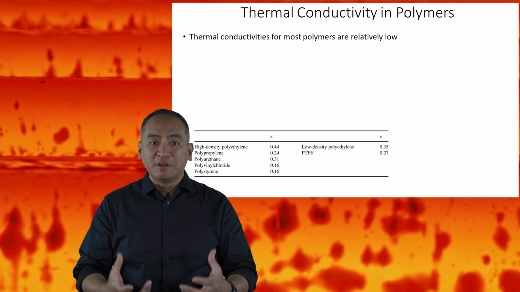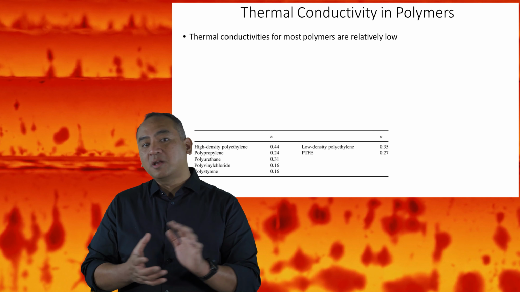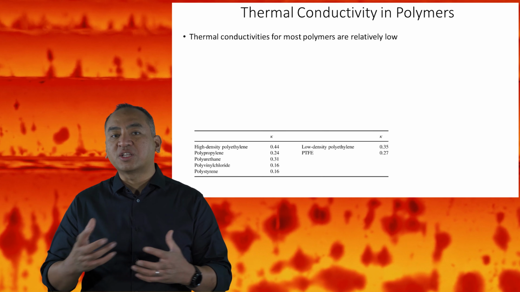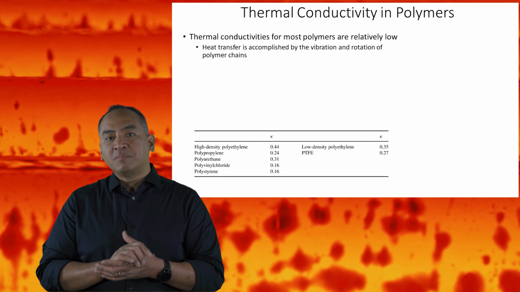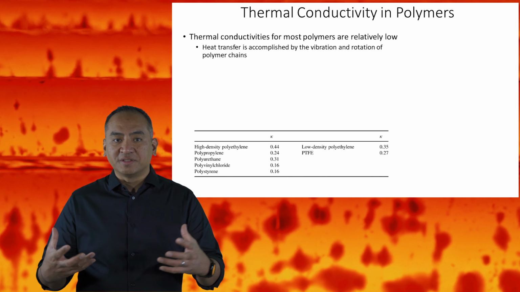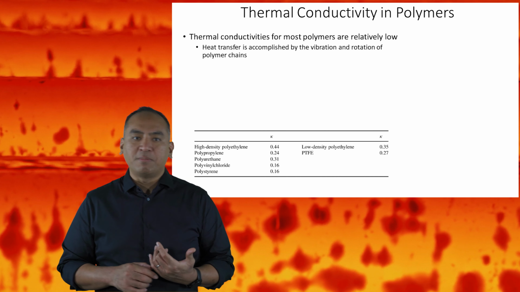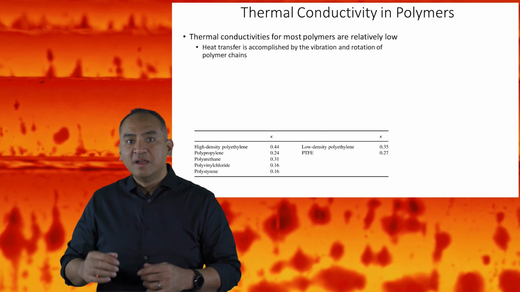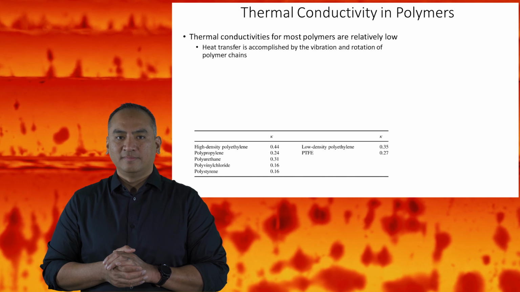These are really low. Recall that heat transfer in solids is due to electrons and phonons. Because polymers don't have crystalline structures like metals and ceramics, heat transfer in polymers is actually accomplished by the vibration and rotation of polymer chains.